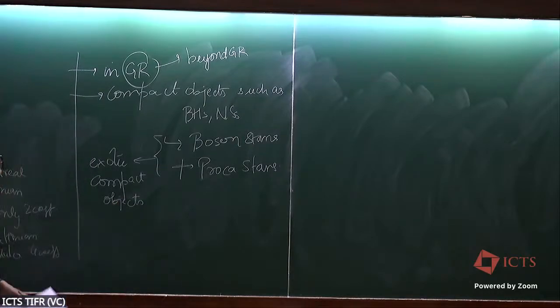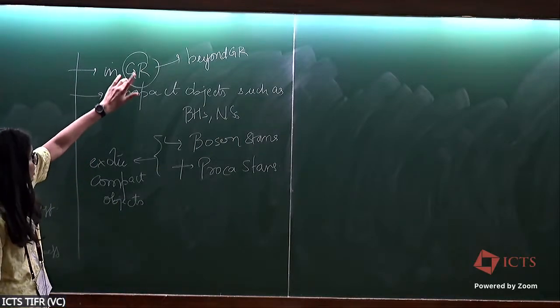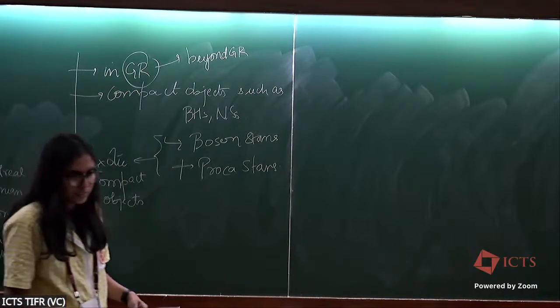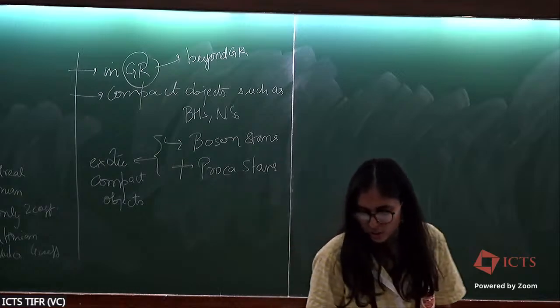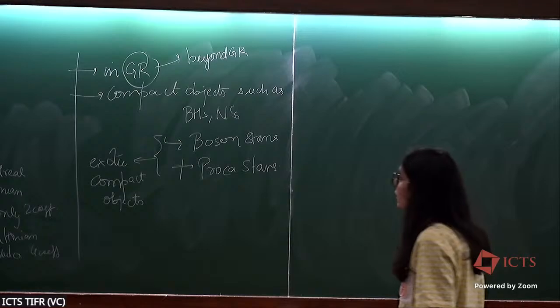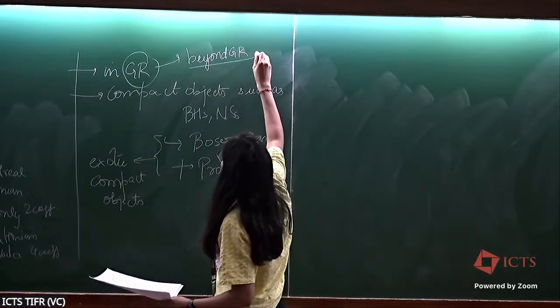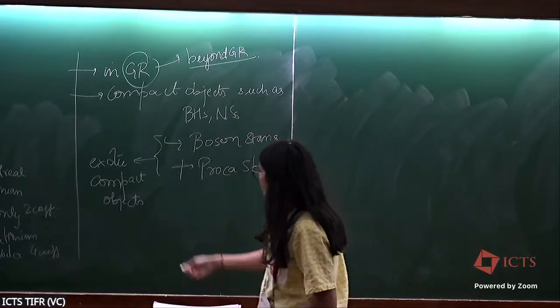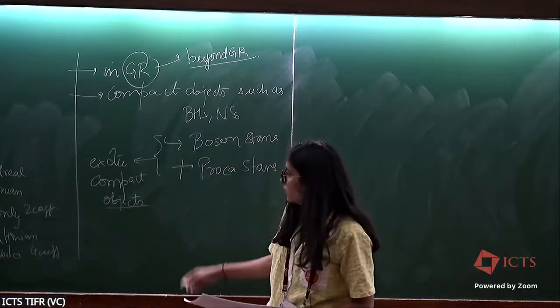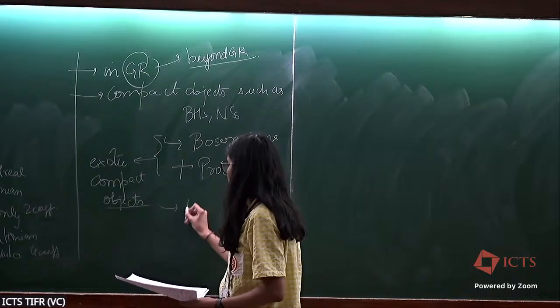And why do we care about building waveform models in beyond GR or exotic compact objects is the same reason that the signal to noise ratio is continuously increasing. We expect more detectors, so there is a possibility we may be able to constrain these beyond GR theories or maybe rule out some of them. We may be able to find some new particle which is beyond standard model.